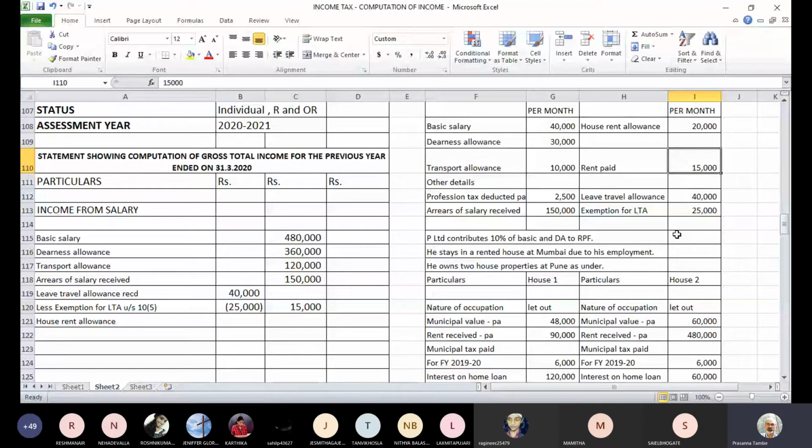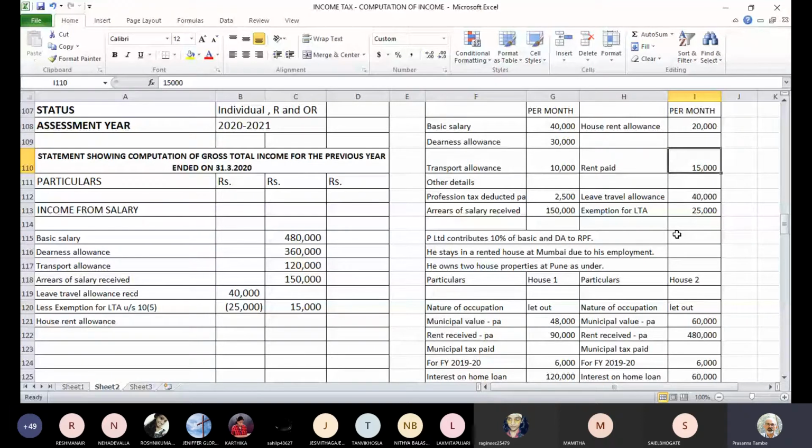The second factor is 50% of salary if the house is located in 4 metro cities, else it is 40% of salary. And the third factor is excess of rent paid over 10% of salary. That means it is rent paid minus 10% of salary. So this is how we have to take into account these three factors, and the least of these three factors will be allowed as exemption. So let us calculate the exemption.